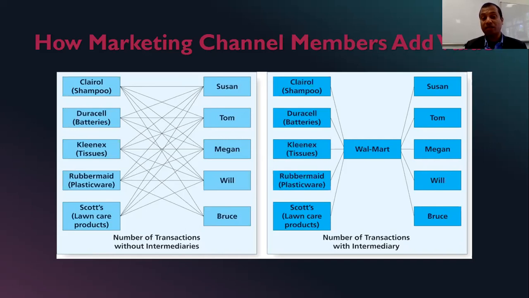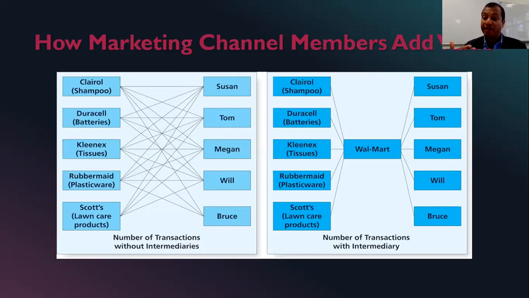If each supplier has to interact with all 5 retailers individually, the total number of communications will be 5 into 5, that is equal to 25, because each supplier has to interact with 5 different retailers. So the total number of transactions without intermediaries is 25.